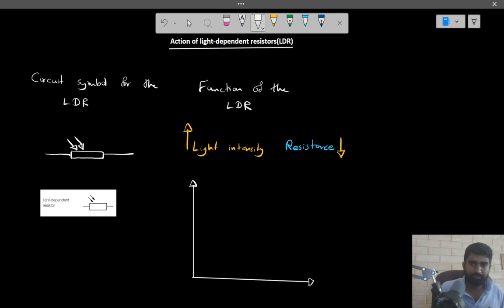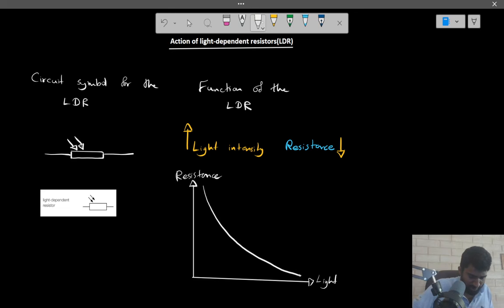I'll get resistance from the y-axis, and here I'll put light intensity, or the amount of light energy falling on the LDR. When the light intensity is smaller, the resistance is higher, and when the light increases, resistance decreases. So you get a graph like this.